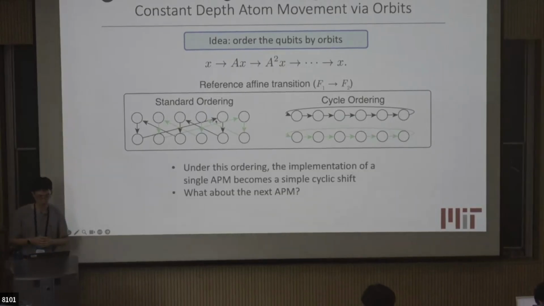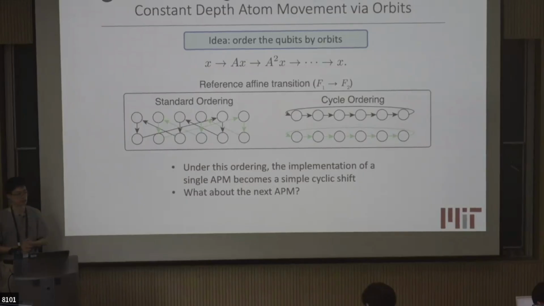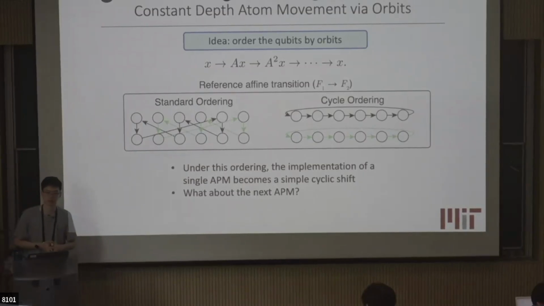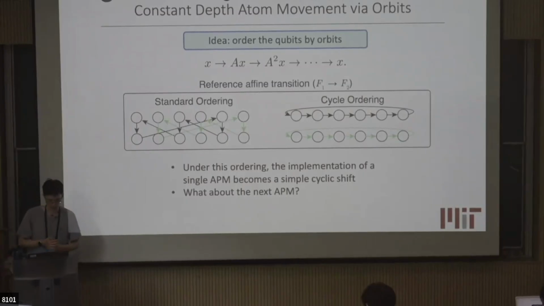So under this ordering, the implementation of a single affine permutation matrix becomes several simple cyclic shifts. Often the orbits also tend to have several ones of similar size, so you can do it in a very nice overall pattern. But you want to do this for each of the APMs, right?